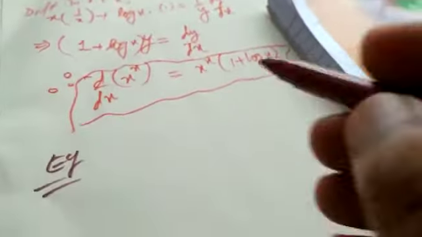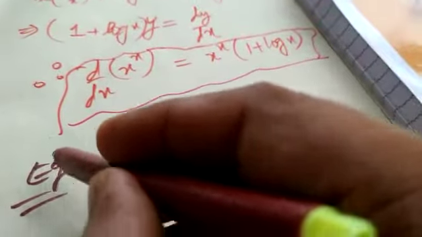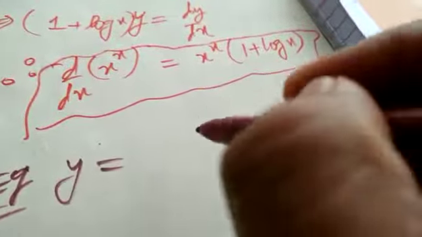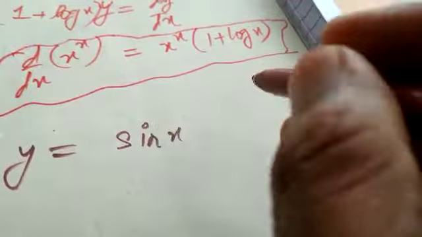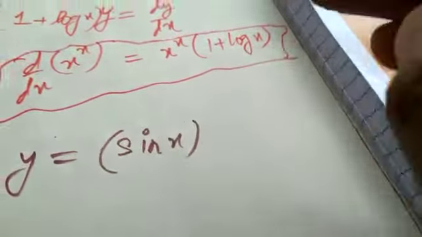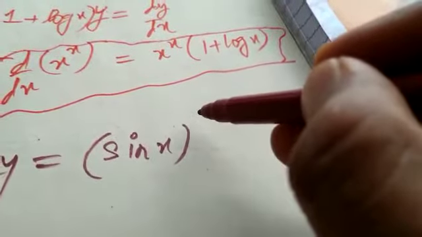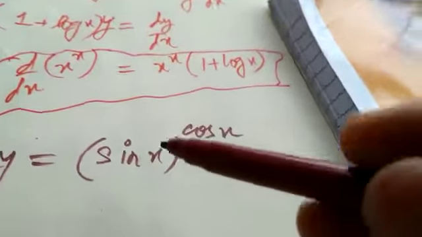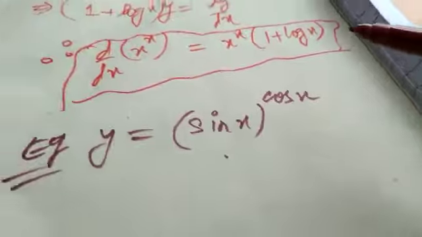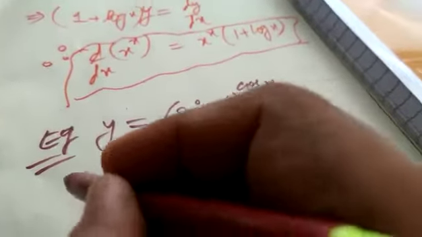Not so complicated, in the beginning we'll take a little bit easier ones. Suppose y is equal to sin x raised to cos x. So it is a function to the power function. In this case, we have to apply log.